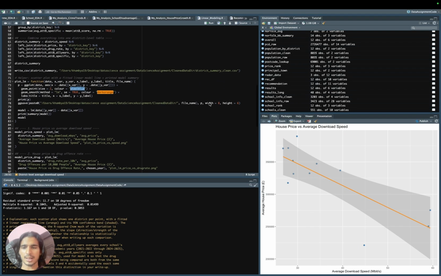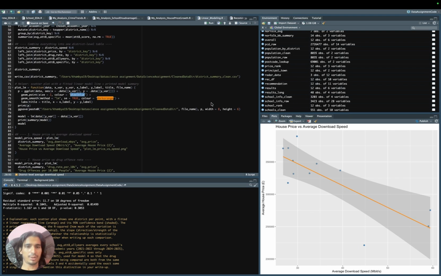And now about linear modeling. I tested the statistical relationships between the four main characteristics using linear regression, and out of six comparisons, three came back statistically significant. House price and broadband speed had a strong negative relationship.